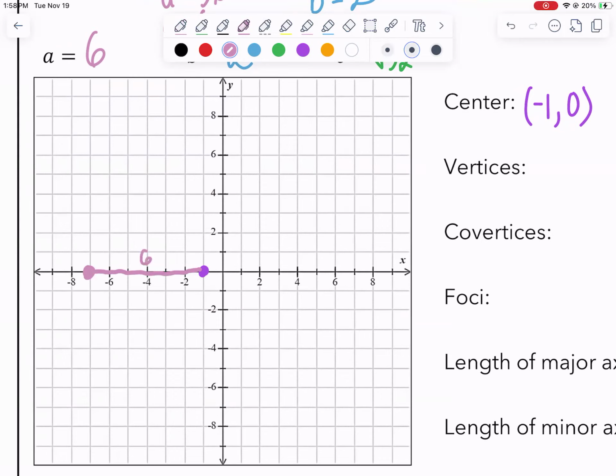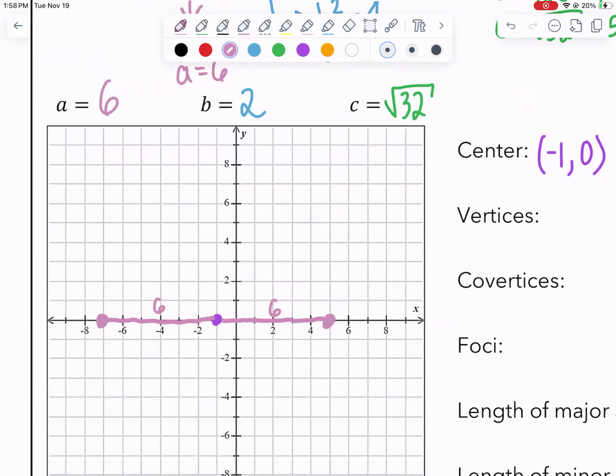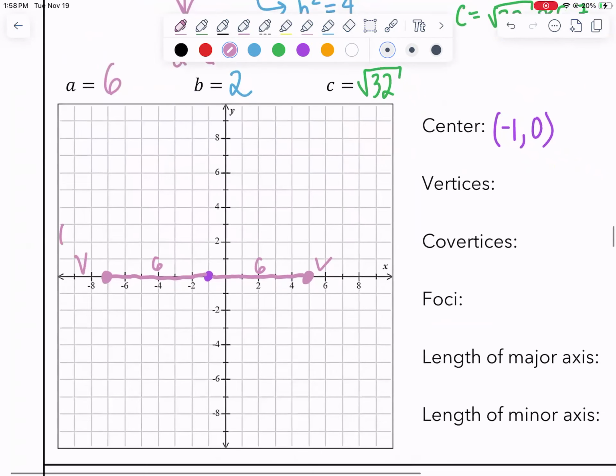And then 6 units the other direction, to the right. 1, 2, 3, 4, 5, 6. These are both vertices here. One of them is at the point -7, 0. The other one is at 5, 0.